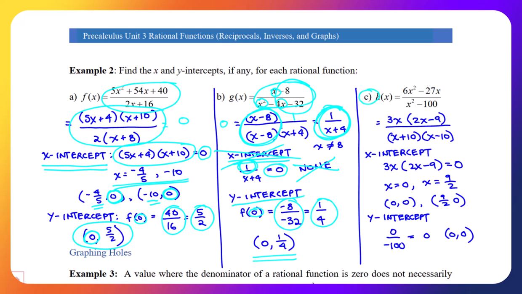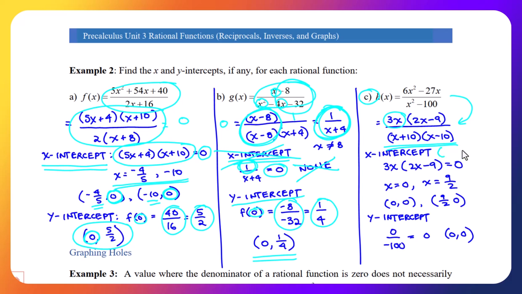For C, I factor again. Don't forget, the first thing you look for when you factor is a common factor. And the denominator factors as well. Nothing reduces out, so there's not going to be a hole, not that they asked for it.